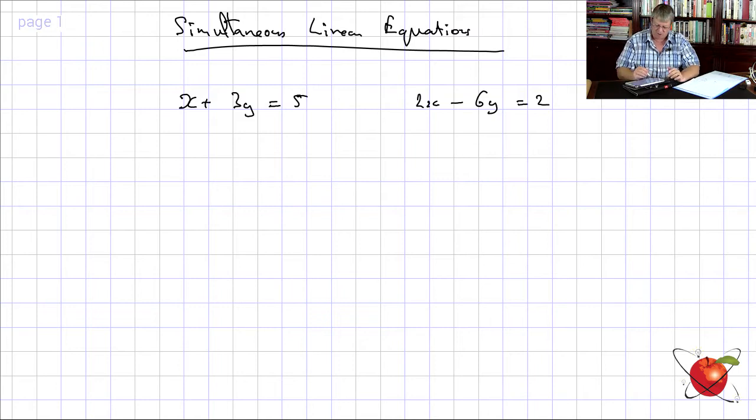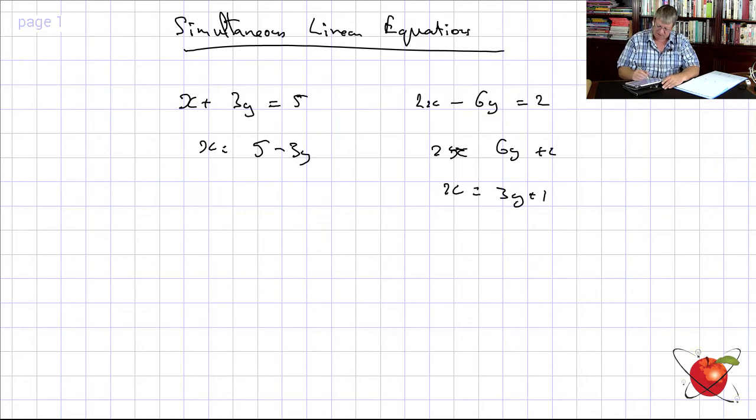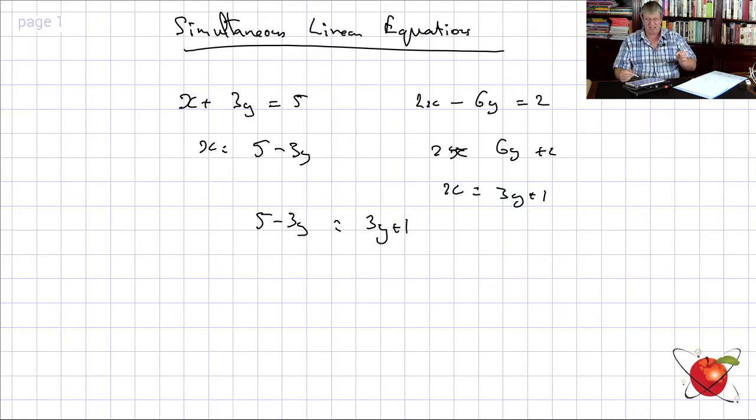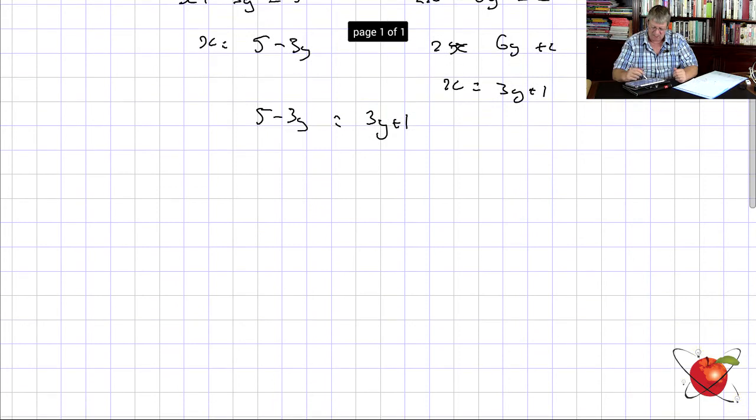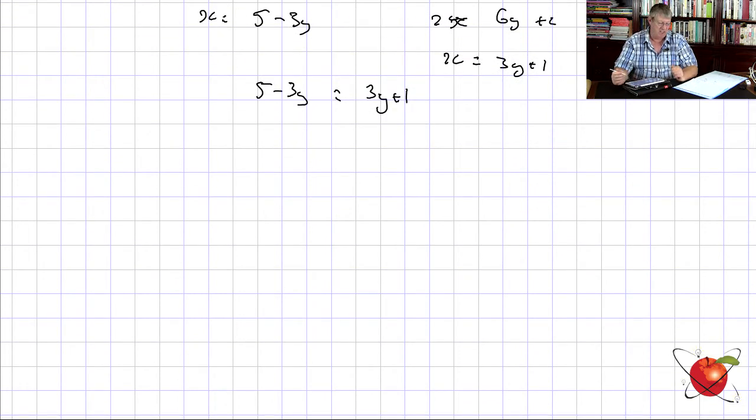So you could say x is equal to 5 minus 3y, and over here x is equal to 3y plus 1. Now I could just say, therefore, 5 minus 3y is equal to 3y plus 1, and solve for y. And then, to find x, back substitute my answer into any one of the equations. Same thing, right?